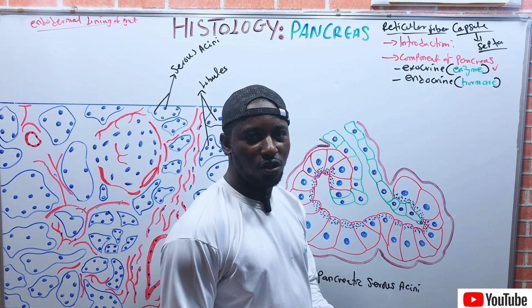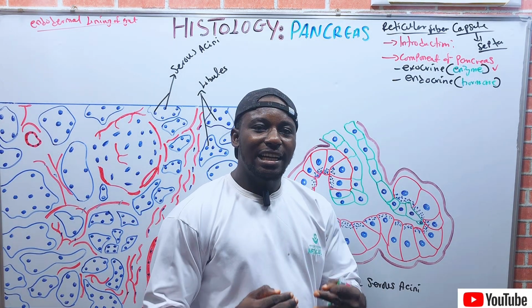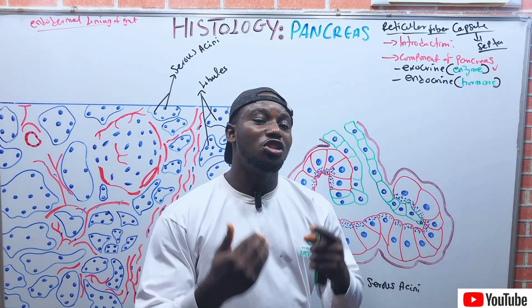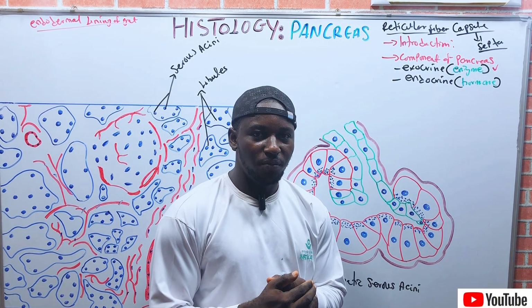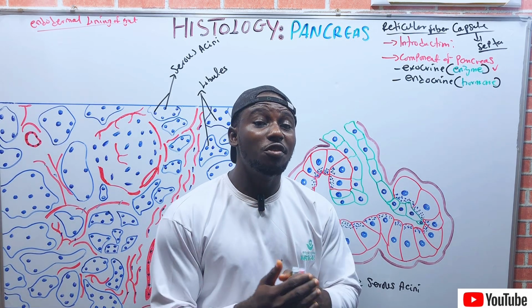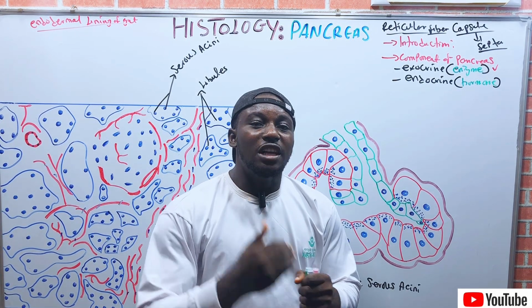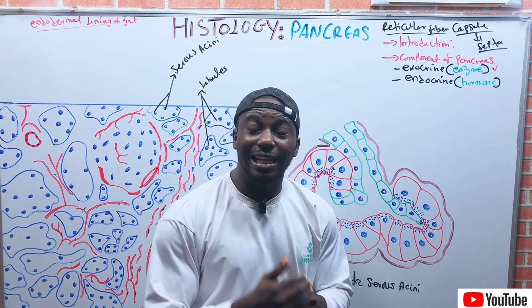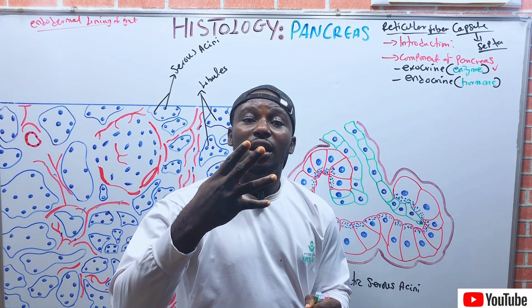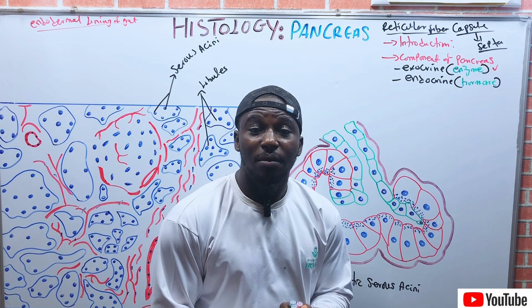Important to note, the general histologic features of the pancreas are similar to the histological features of the parotid gland, right? But the only distinguishing feature between the histologic features of the parotid gland and that of the pancreas is the endocrine element in the pancreas.